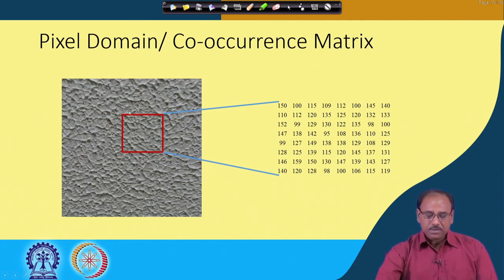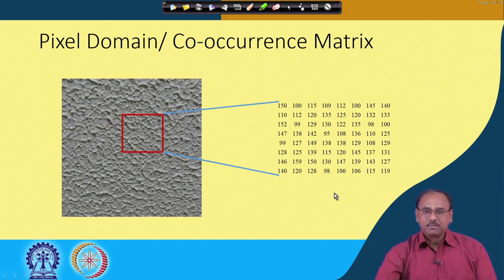However, earlier we have said that an image is nothing but a two-dimensional array of integer values, where normally an intensity is represented by an 8-bit binary number. So, an intensity value varies from 0 to 255. Given that, if I take a small rectangular or square area within this texture image, this is nothing but a two-dimensional array or a matrix of integer numbers, as shown over here.